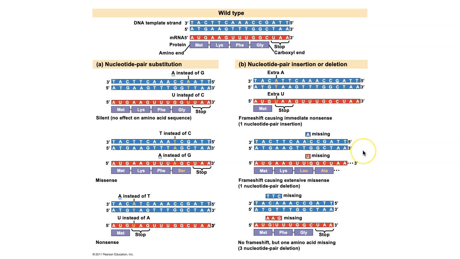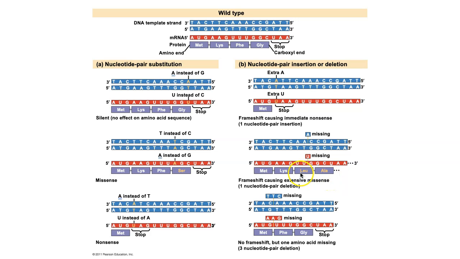In the next example, we are missing a nucleotide base pair. So it should read AAACC, and instead it reads AACC. So we lost out on an AT base pair here. Because of that, we are missing out on a nucleotide here. Once again, this shifts all of our codons.